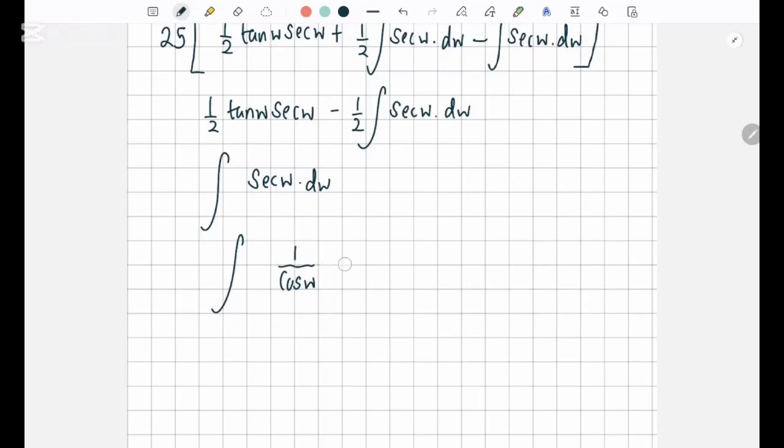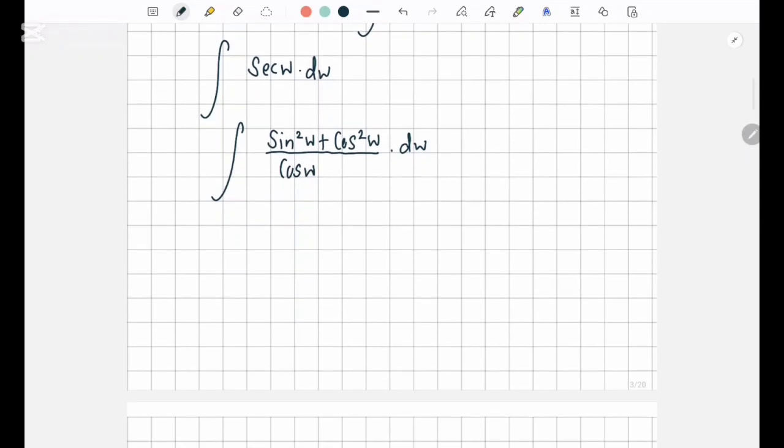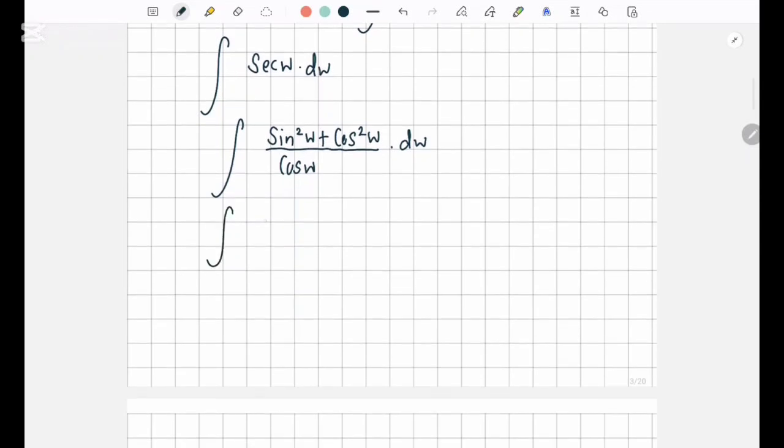And 1 you can rewrite as sine squared w plus cos squared w, right? So now let's break them down into 2 different integrals, like this, plus the integration of cos w.